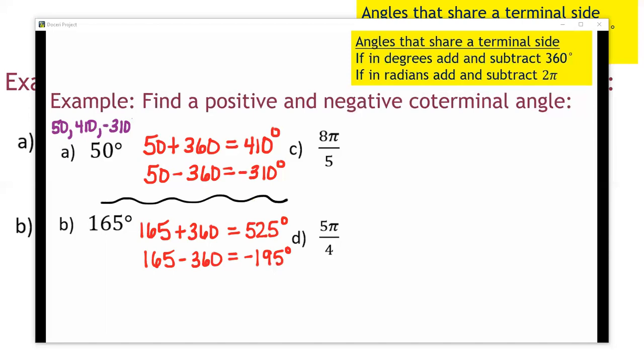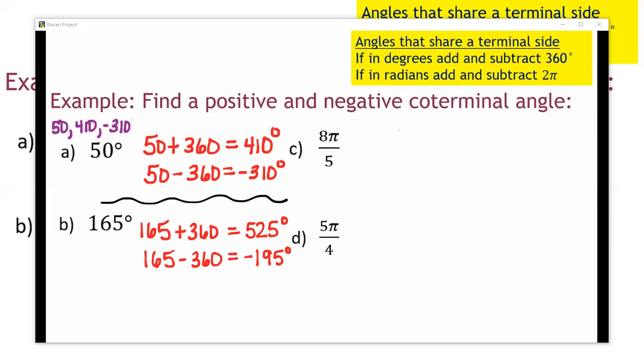Okay, when it's in radians, we're going to add and subtract 2 pi. Now for this first one, because my denominator is 5, we want to write that 2 pi as 10 pi over 5 because 10 pi over 5 is the same thing as 2 pi.